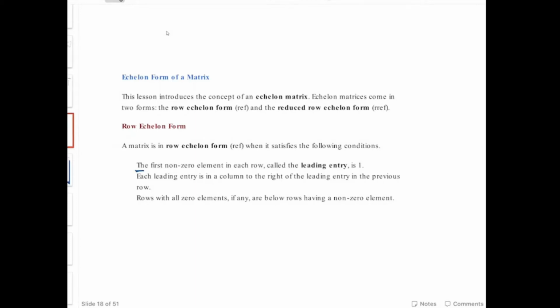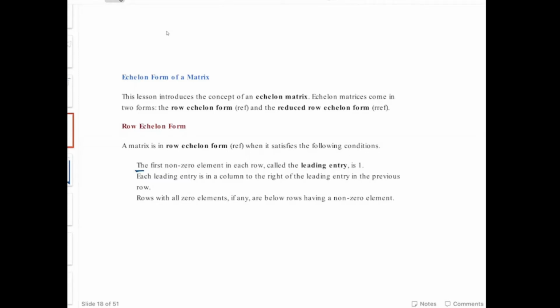When the first non-zero element in each row, called the leading entry, is equal to 1, each leading entry is in a column to the right of the leading entry in the previous row, rows with all zero elements, if any, are below rows having a non-zero element.